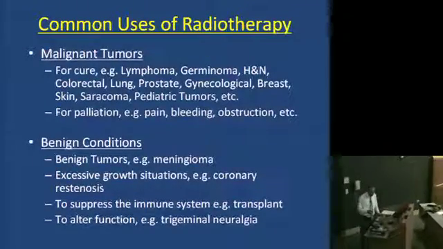Radiation is used in approximately 60% of all cancer patients at some point in time. It can be used for the cure of cancer, for example lymphomas, germinomas, head and neck cancers, colorectal cancer, practically any kind of cancer you can use radiation treatment for.